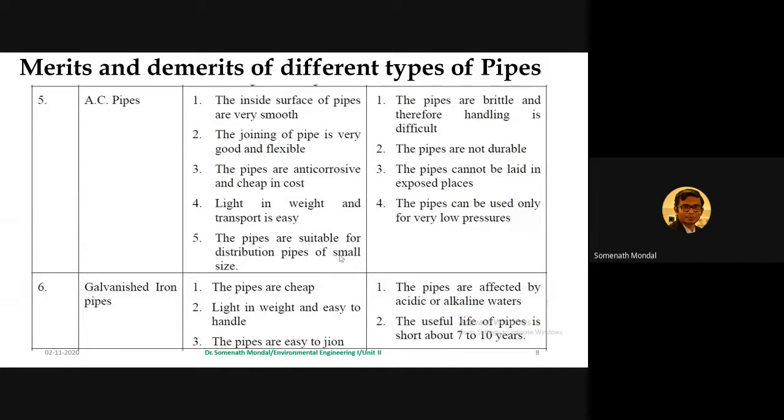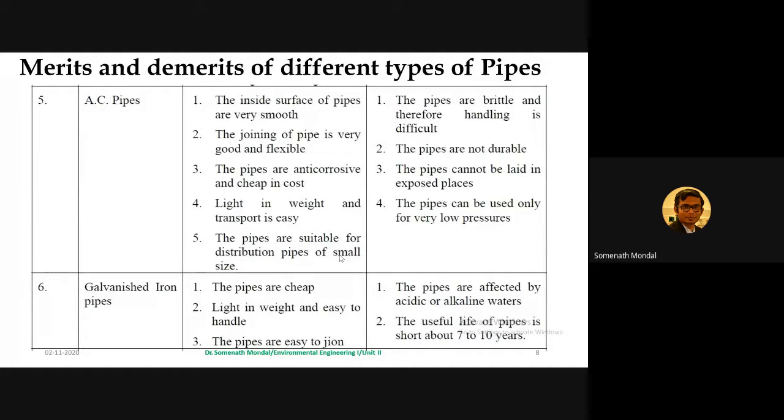This kind of pipes are light, and joining of these pipes is easy, and they are flexible. They are not prone to corrosion, and they can be easily cut, fitted, or jointed. They are light, so they can easily be transported.